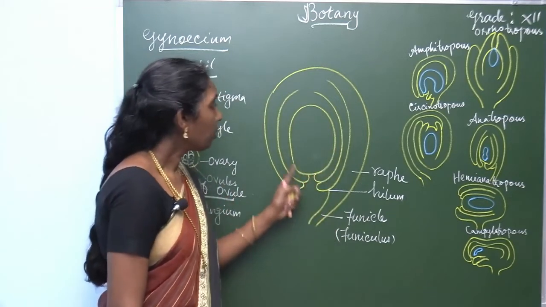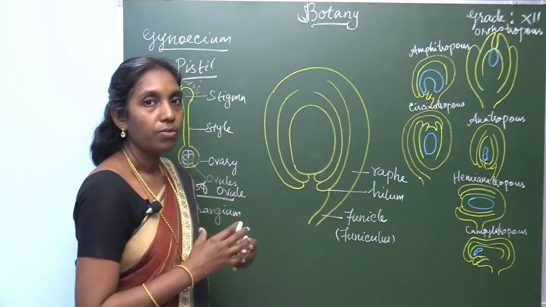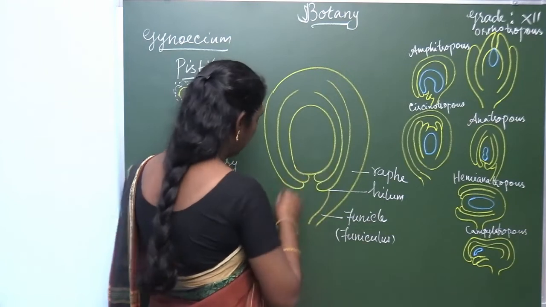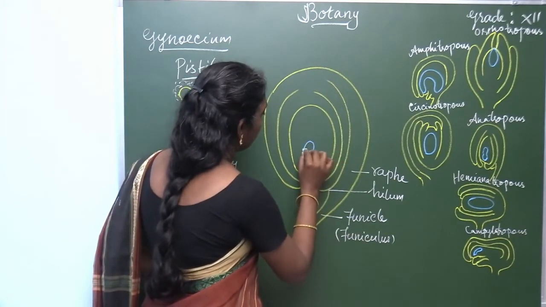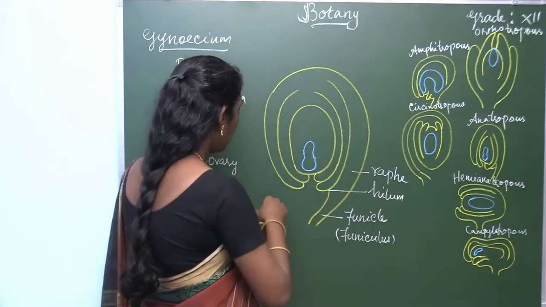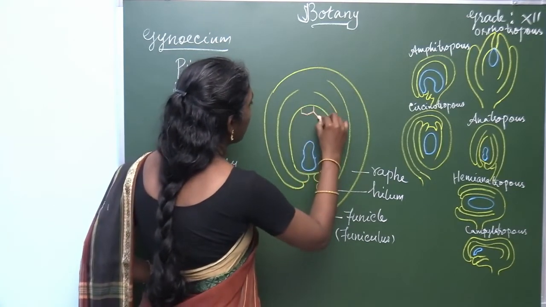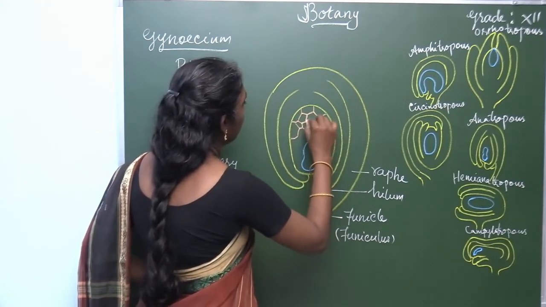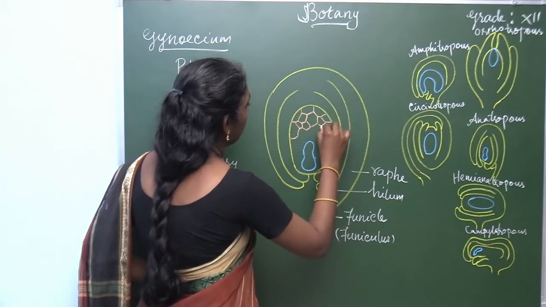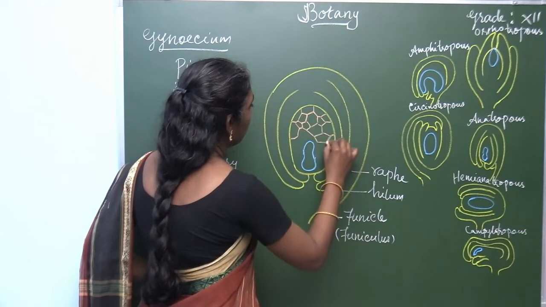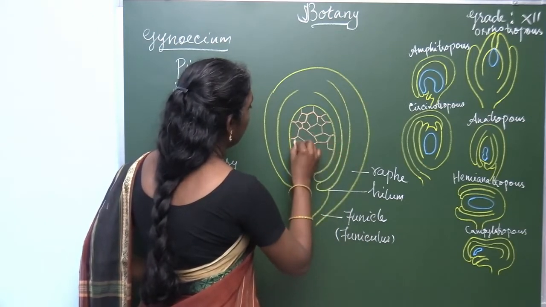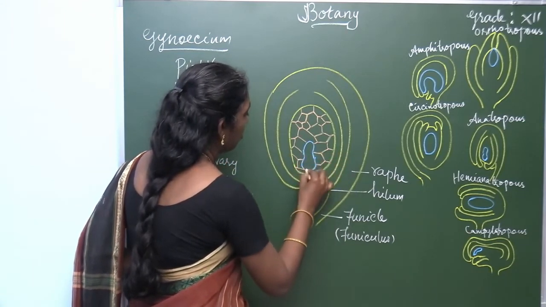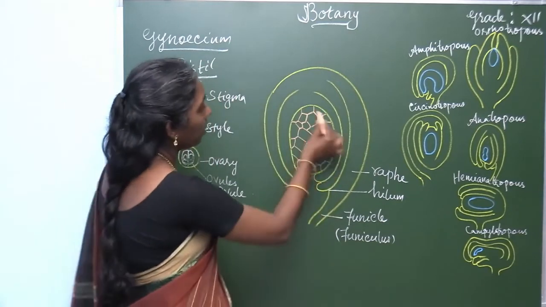The center of the ovule is made of parenchymatous cells.